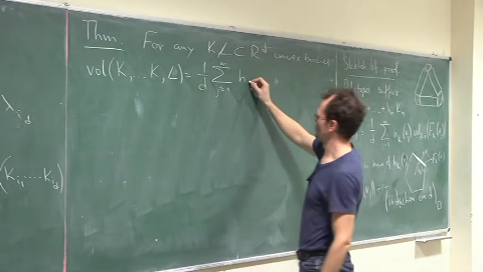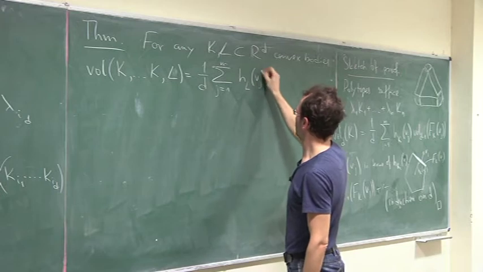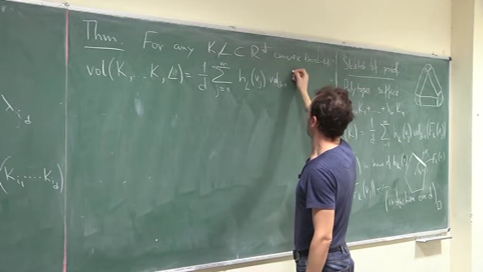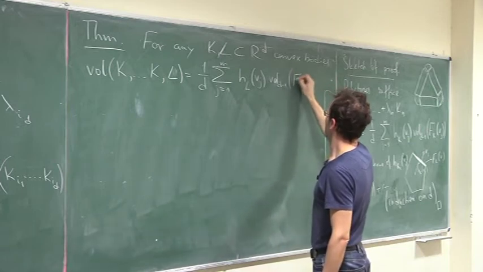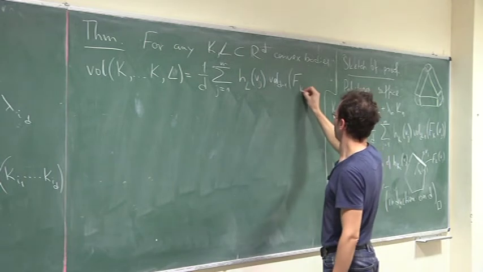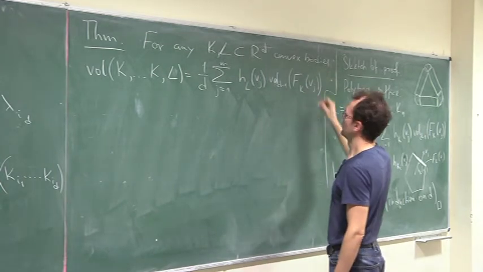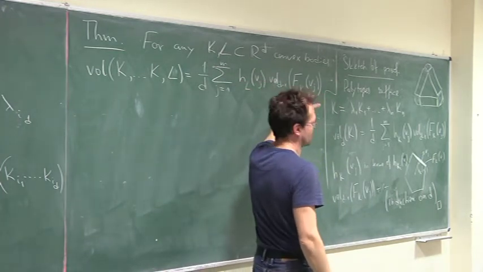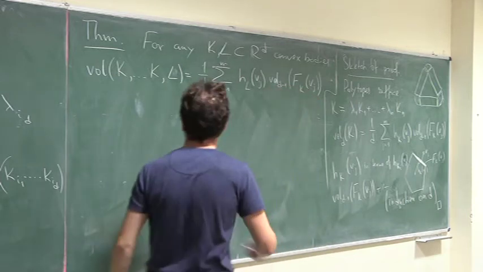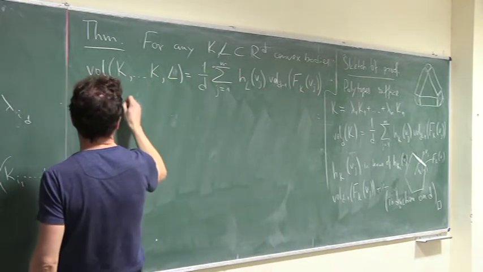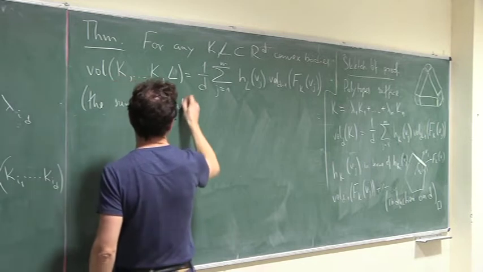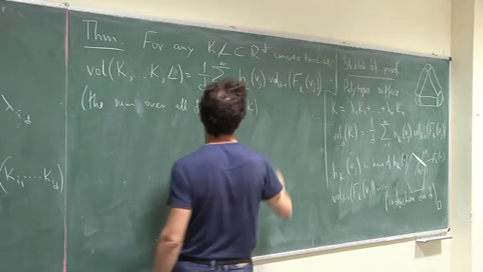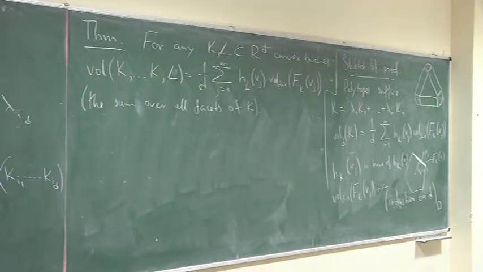So let me take the h of L and the areas of the facets of K. The sum here goes over all normals to the facets of K, all facets of K. So this formula looks very natural again.